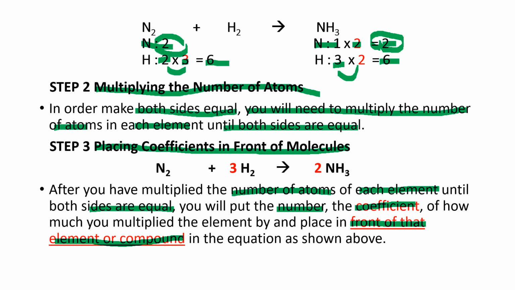So for nitrogen, the coefficient is 1, and then the coefficient 3 there, and for hydrogen the number multiplied is 2, written in front of hydrogen. And if it is 1, you don't need to write 1.